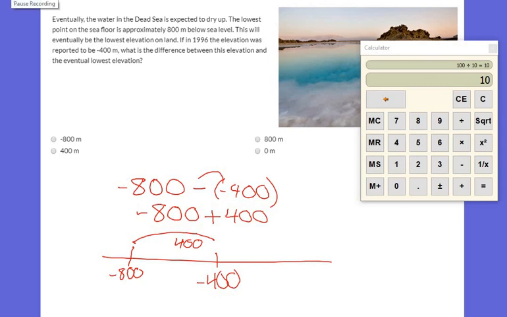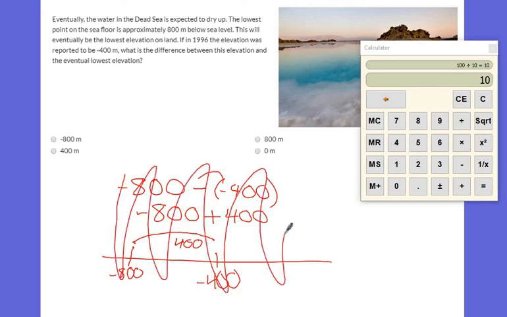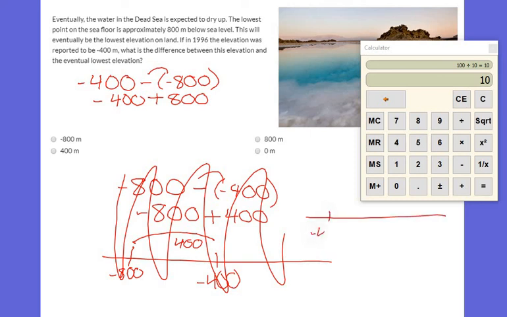And I wrote the problem backwards, so that is why I did not get the correct answer. We started at negative 400, finding the difference from negative 800. Makes a big difference. These two negatives hit, turn to a plus, so negative 400 plus 800. So I was at negative 400.